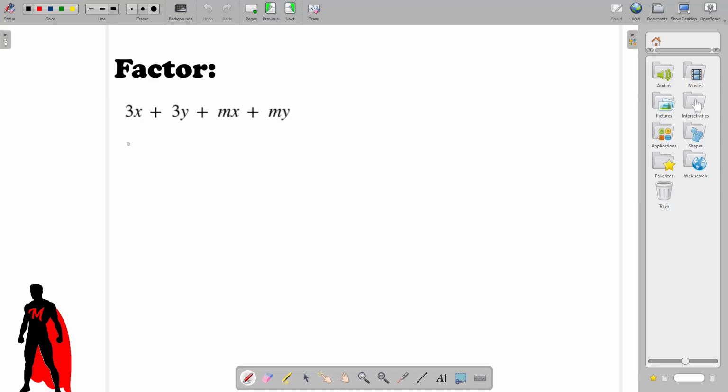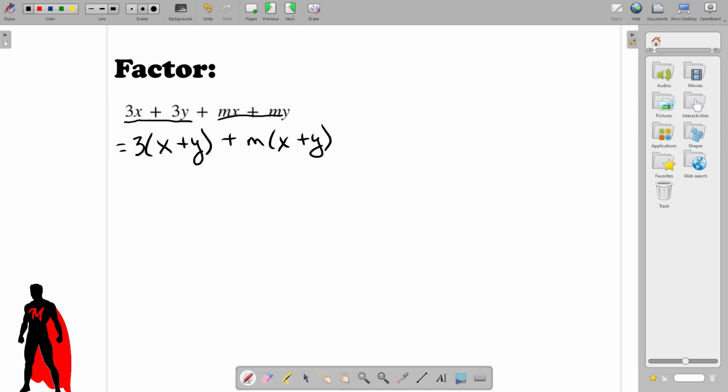So if I'm going to factor this expression, I need to first of all look at 3x plus 3y. I can factor a 3 out of that, and I'm left with x plus y. And in this set, I can factor out an m, and I'm left with x plus y.